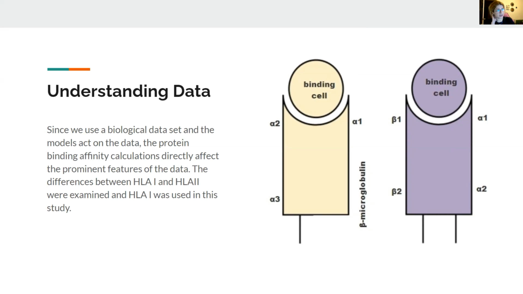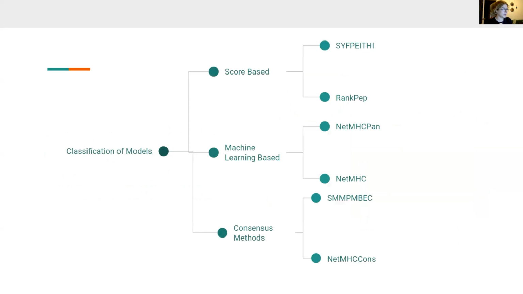We chose class 1 because the research on binding affinity models is more acceptable and more powerful, and this is our base research for the future. We use HLA class 1, and there are several models.